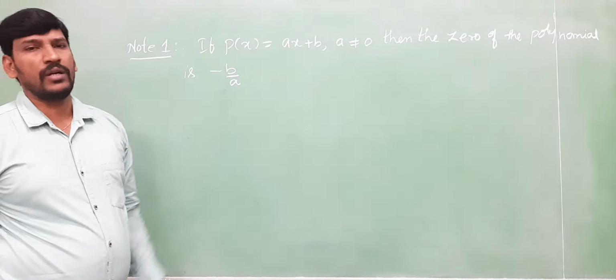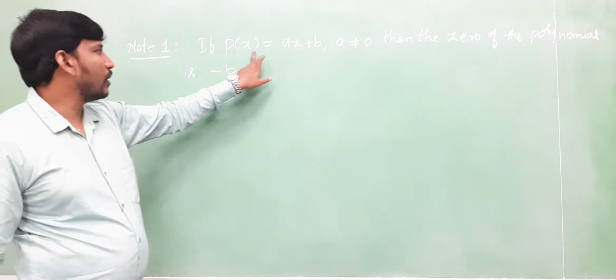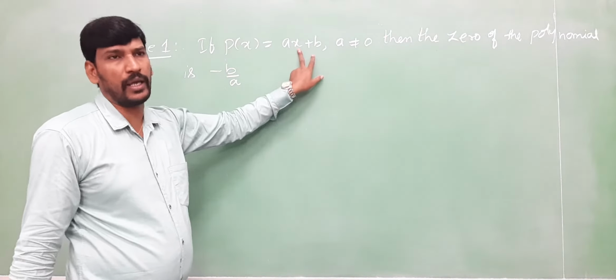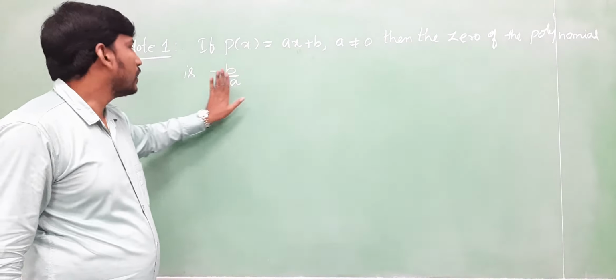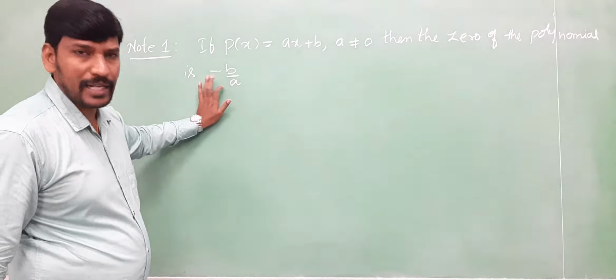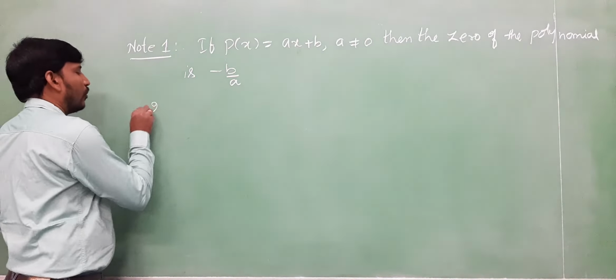Just now we discussed one example, which is in the form of ax plus b, so directly you can say the zero of the polynomial is minus b by a. Okay, note point 2.